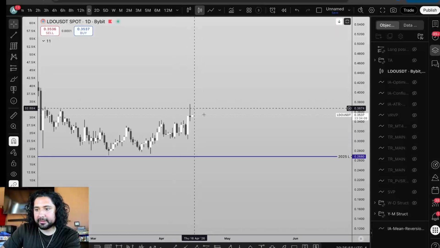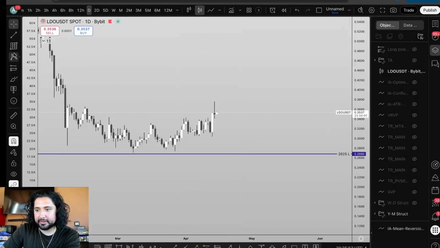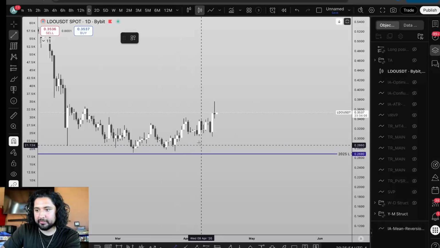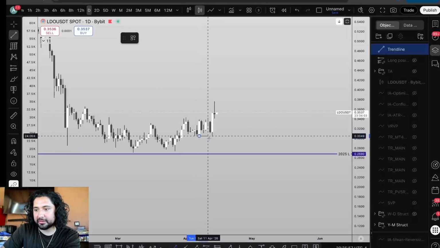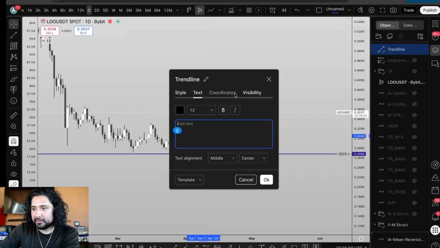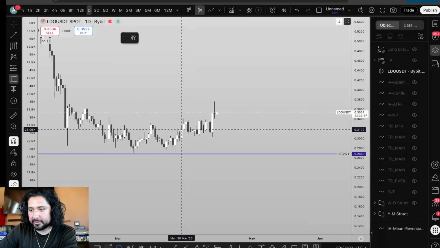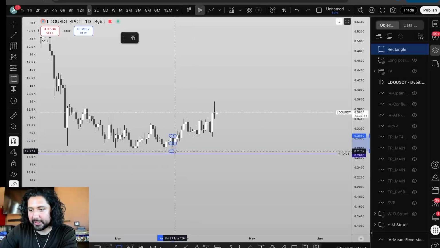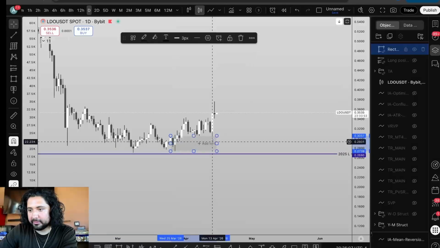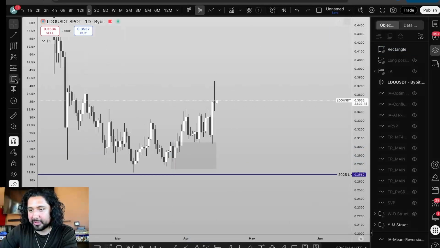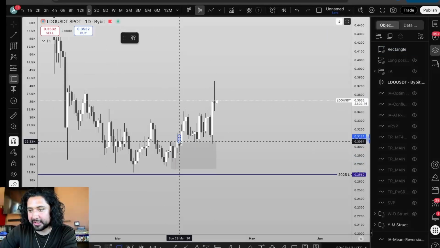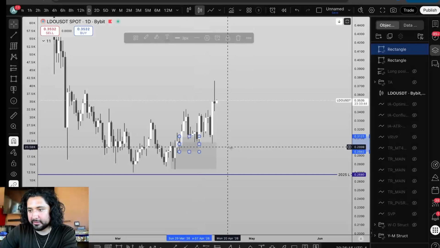Yeah, to be honest, I wouldn't want to get underneath these lows. And you might say, why? This move down got tapped into with this low, but this imbalance also got mitigated right here.